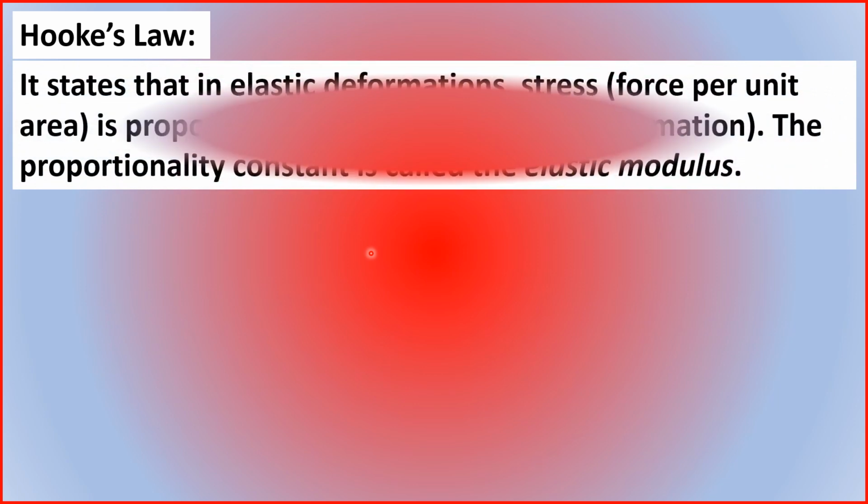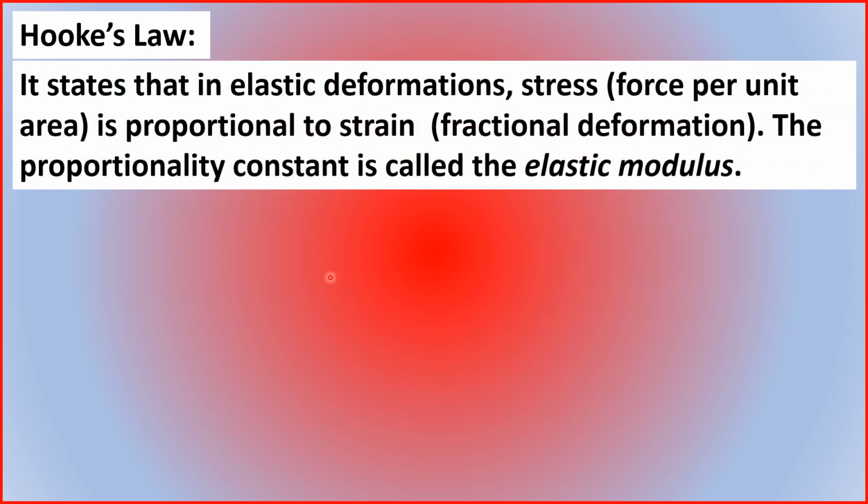So, what is this law called Hooke's law? Well, this law simply states that in elastic deformations, stress or force per unit area is proportional to strain, the fractional deformation.